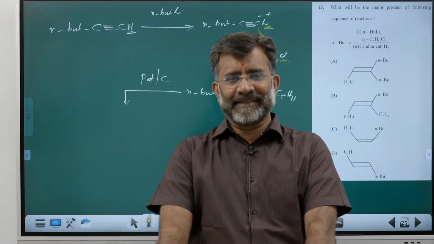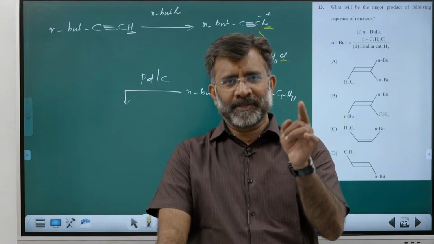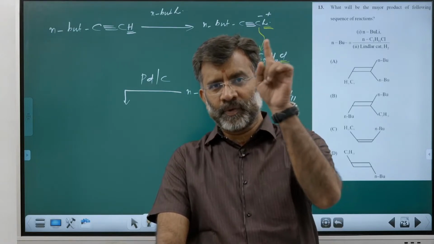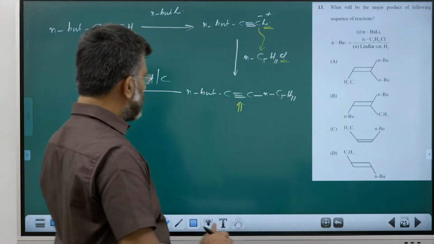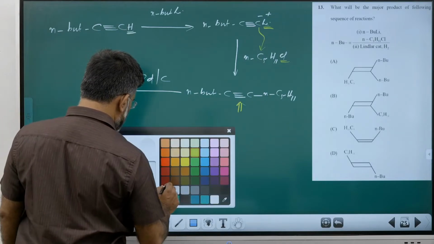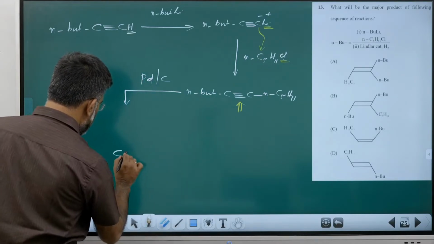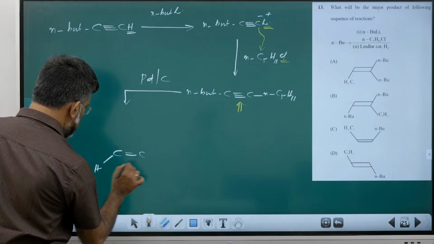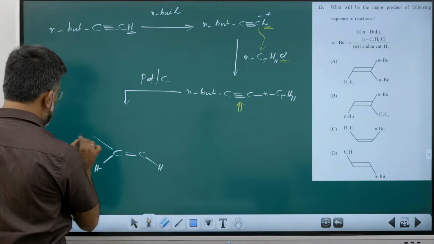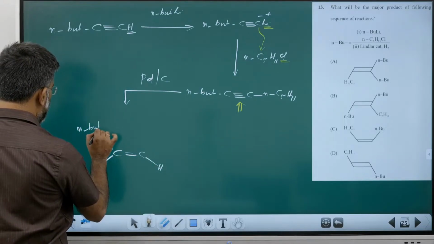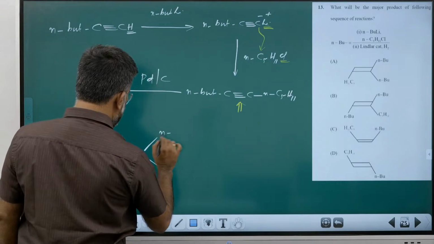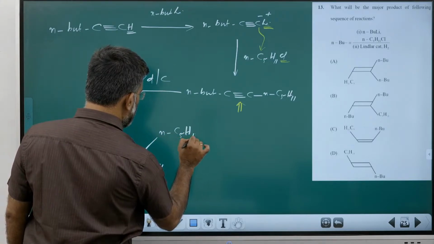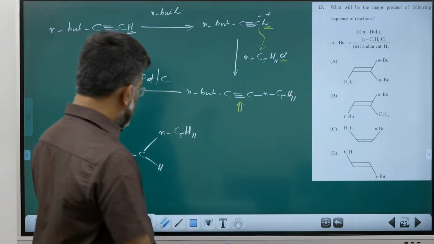Lindlar's catalyst will give you cis configuration. So the final result should be C=C with the 2 hydrogens in the cis position, with N-butyl on one side and N-C5H11 on the other, and that will be the answer.